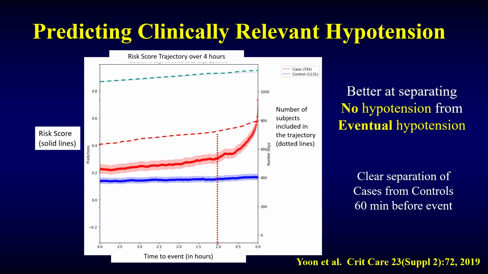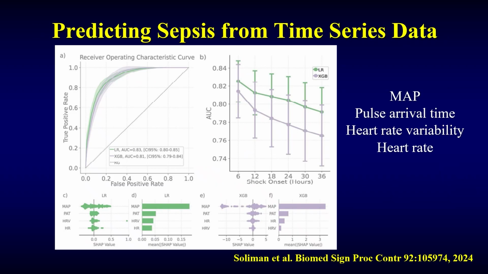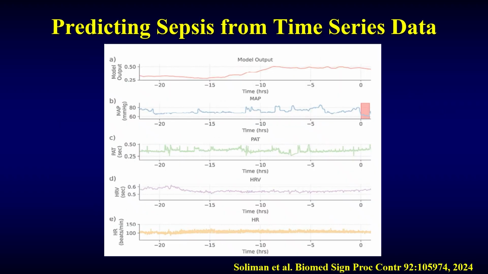We then looked at the University of Emory in Georgia, their data on predicting sepsis, and we found that we could have a very good area under the curve of predicting sepsis up to 36 hours before it happened. This slide demonstrates a time series of 20 hours in one patient with the model output of the probability of sepsis on the top, then mean arterial pressure, pulse arrival time, heart rate variability, and heart rate as the metrics.